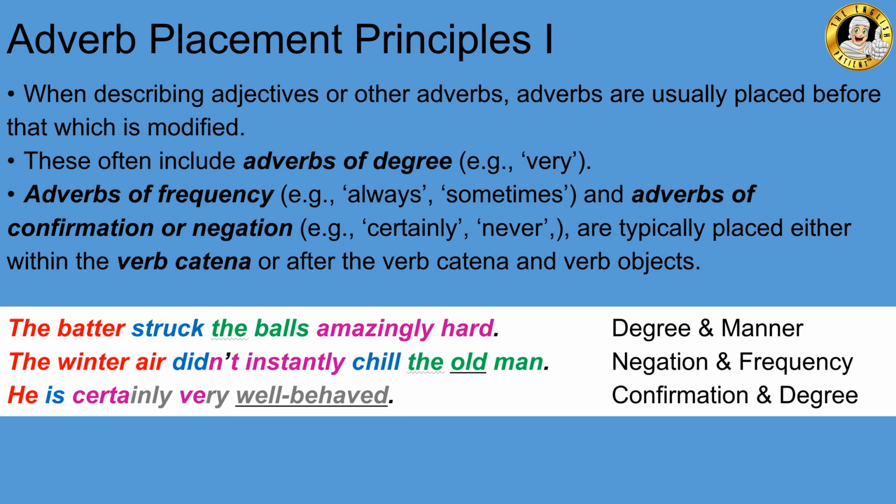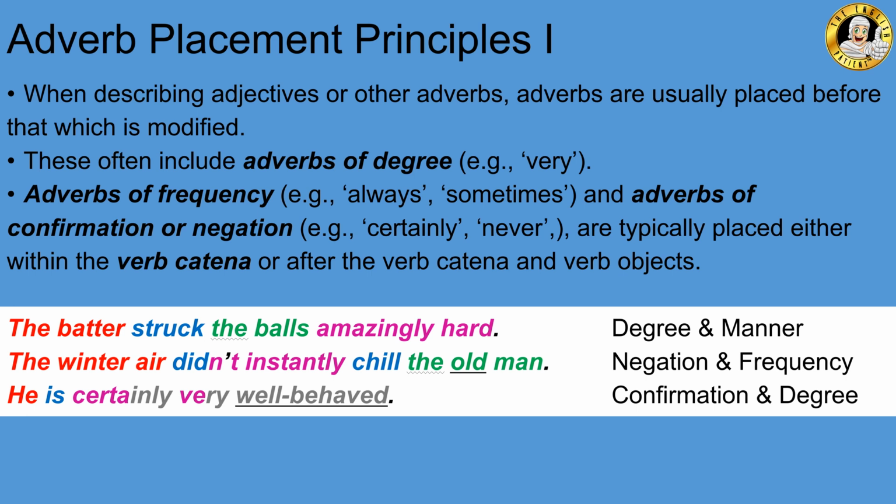For the second example, the winter air didn't instantly chill the old man. Okay, so in this case here we have two adverbs. The first is an adverb of negation. And one of the most common adverbs of negation, by the way, is not, which is used to make negative or disaffirmative structures.